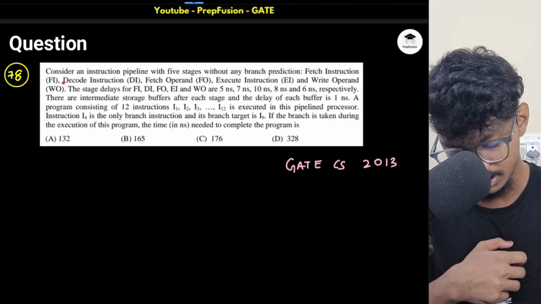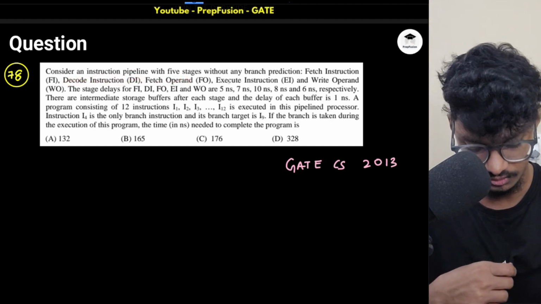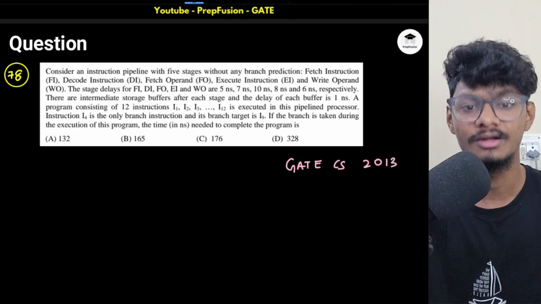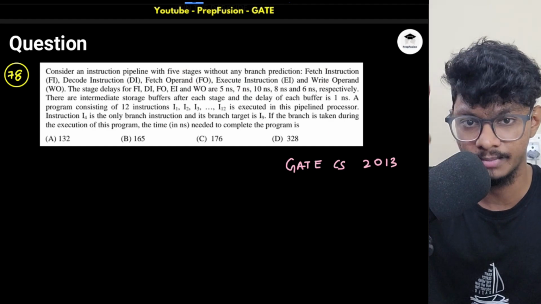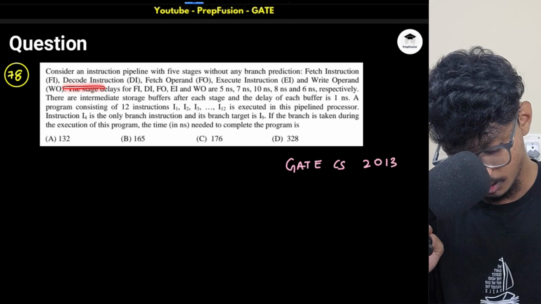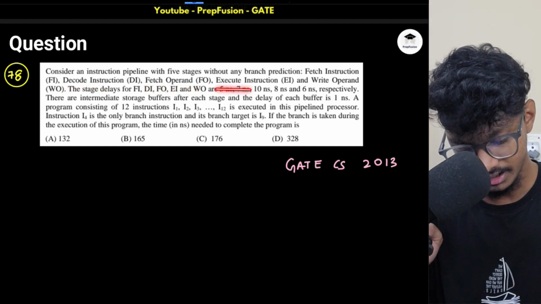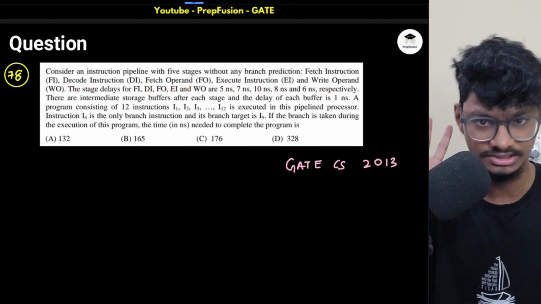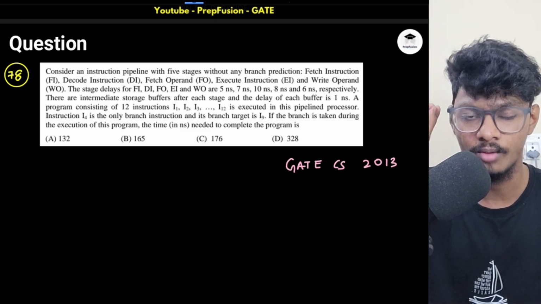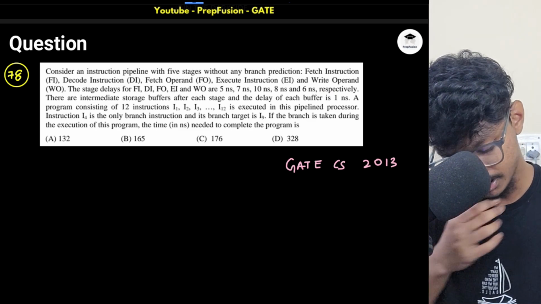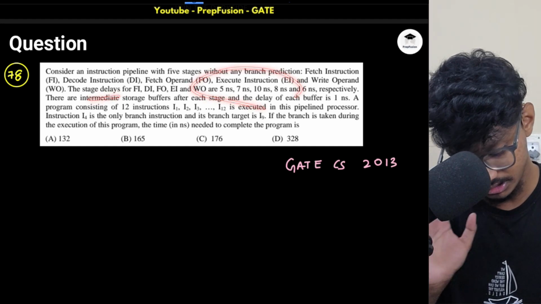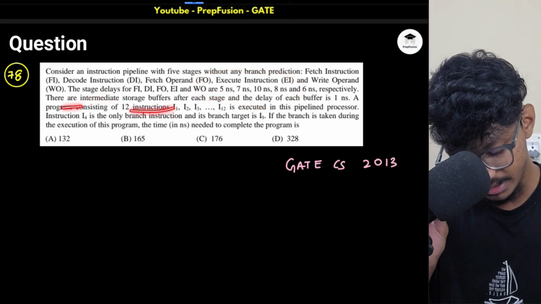Consider an instruction pipeline with 5 stages without any branch prediction, so we have to wait for the evaluation of the branch condition. The stages are fetch instruction, decode instruction, fetch operand, execute instruction, and write operand. This is a standard 5-stage instruction cycle. They also tell you the stage delays, and that there are intermediate storage buffers.